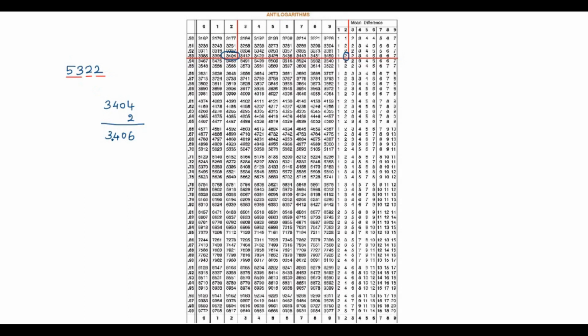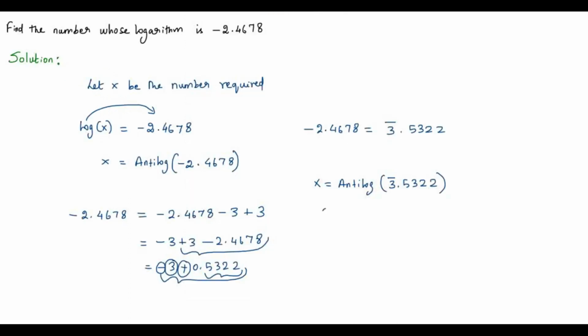Okay, let's move to the previous page. So anti-logarithm of 5322 is 3.406, and always the value we get from anti-logarithm table is to be multiplied by 10. And for this 10 we have to take the digit here before the decimal as exponent. So this is bar 3.